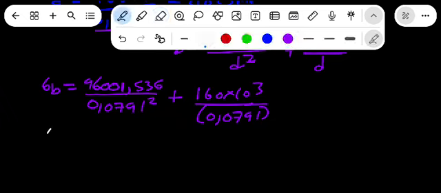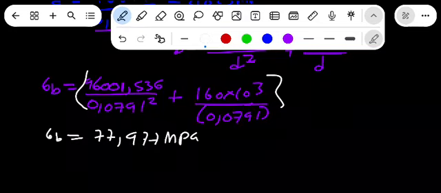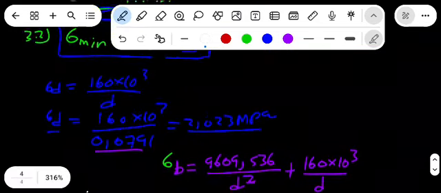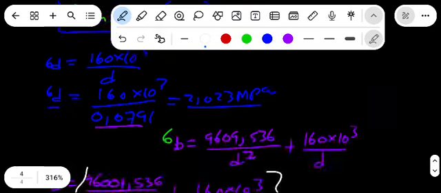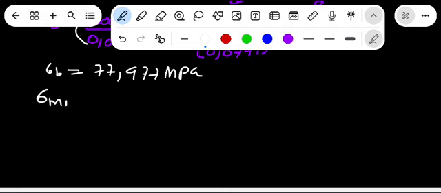So what will the bending stress be when I punch this? I have 77.977 megapascal. Now we can use this formula here. We know that the minimum resultant stress is equal to direct stress minus the bending stress.